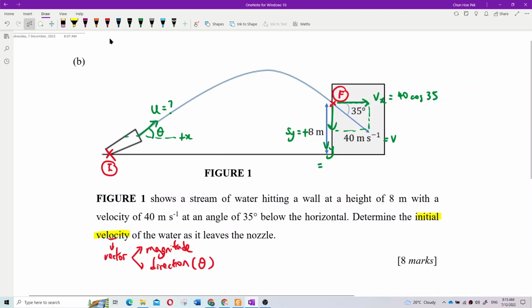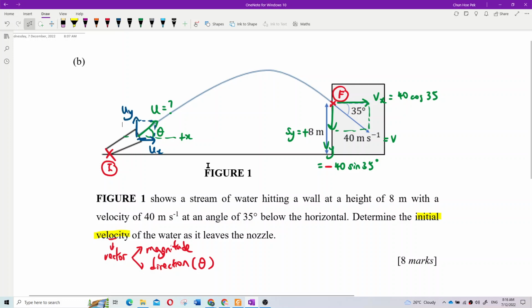So you should put negative 40 sine 35. So far so good, class? Understand? Of course this u also has its own components, ux and uy.